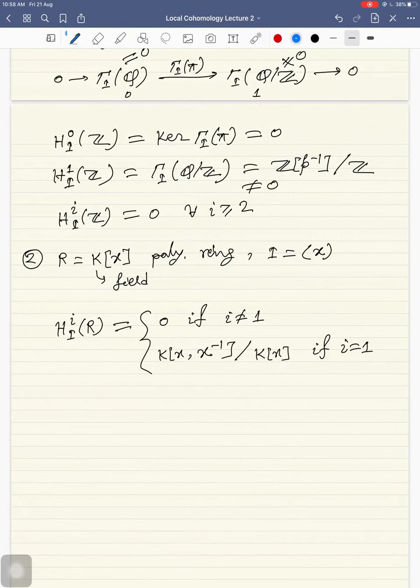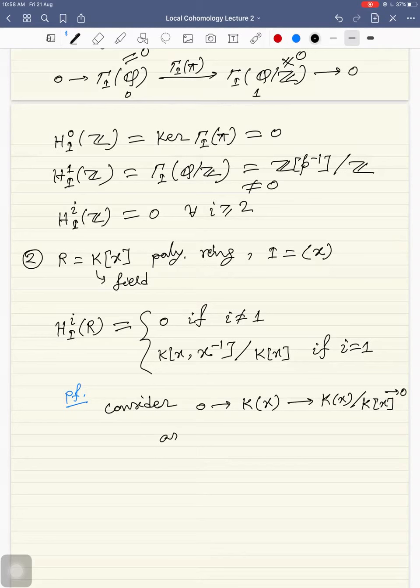So in this case I should quickly write it here: just consider this injective resolution. 0 goes to the field of fractions of R, which is K(X), the collection of all rational polynomials, and K(X) modulo K[X], as an injective resolution of R as an R-module.